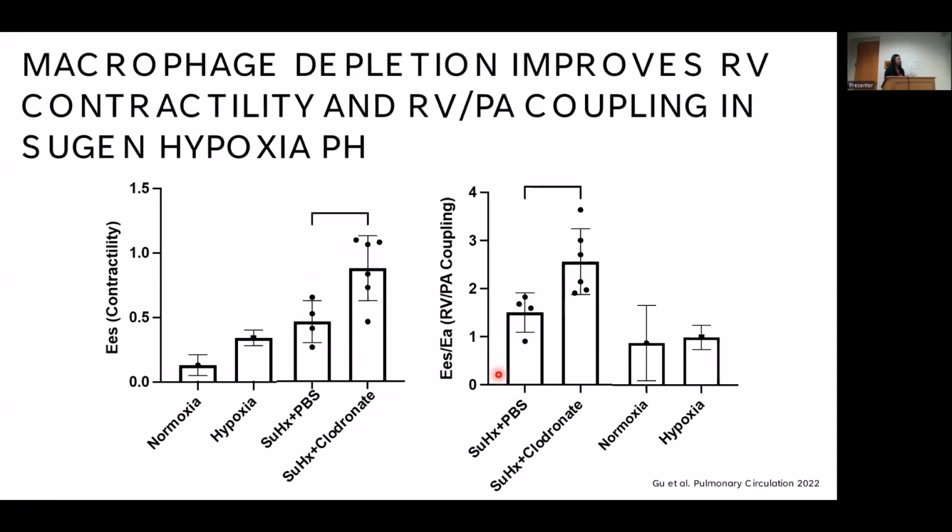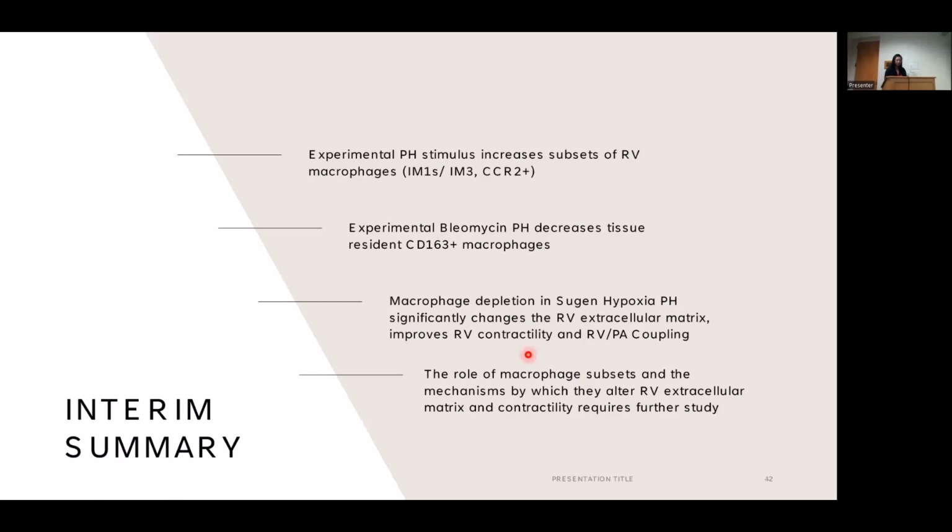So in these experiments, we showed that removing the macrophages did matter, and that in this severe model of Sugen hypoxia PH, we actually improved the function and contractility of the right ventricle and improved the RV-PA coupling.